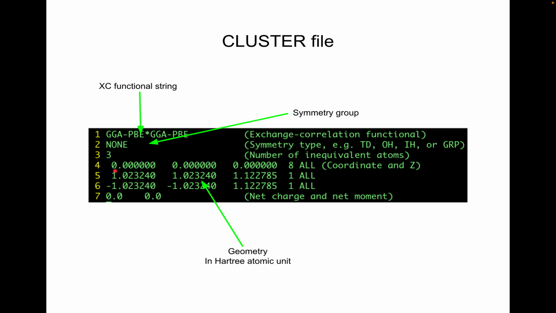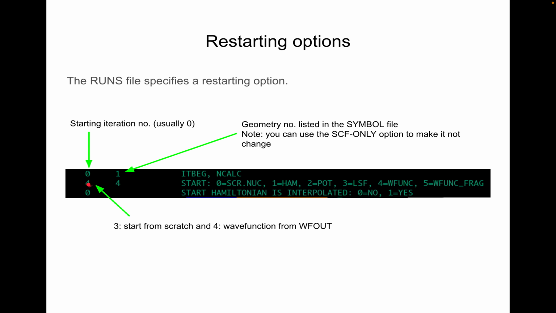And on the second line, the first number is your restarting option. If you are optimizing the FODs, the Fermi orbital descriptor positions, the number here is typically 4. The 4 means you restart from the wave function stored in the WF-out file from the previous calculation.